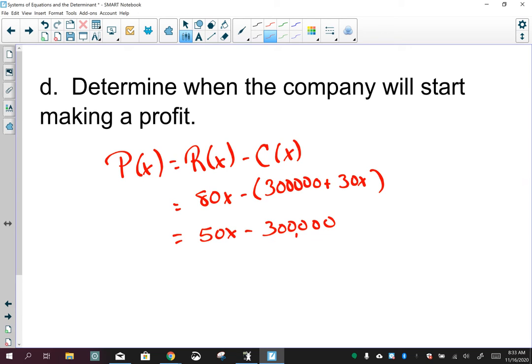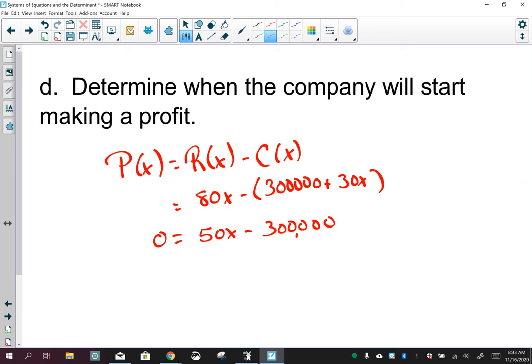But remember what I told you, that what I'm looking for is when this is going to wind up equaling 0. So I'm looking for basically my x-intercept. And when I told you this, my profit is going to be at that same break-even point.